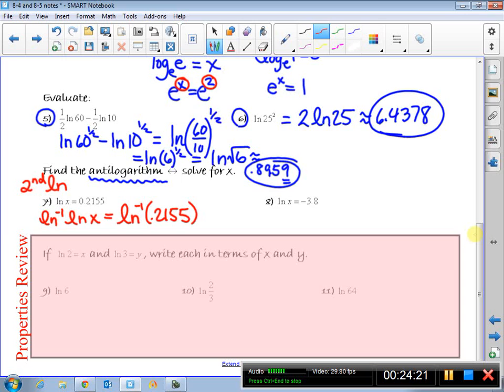I just inversed on both sides. That reduces it out. And here hit second ln and type in 0.2155. 1.2405.